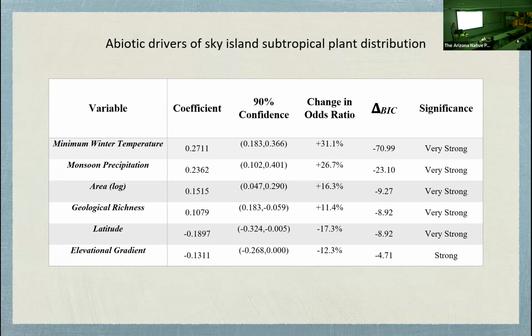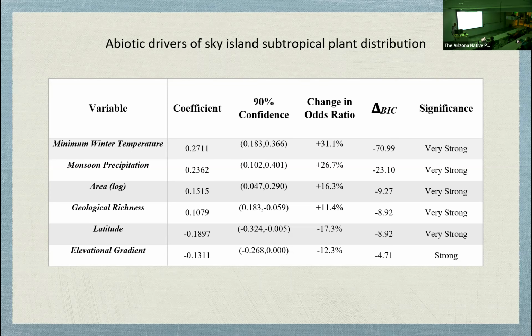The change in odds ratio is interesting to look at. What that means is when you experience an increase in a single standard deviation, we'll talk about minimum winter temperature. When you increase a single standard deviation of minimum winter temperature, it means that there is a 31.1% increased chance of any species being subtropical.